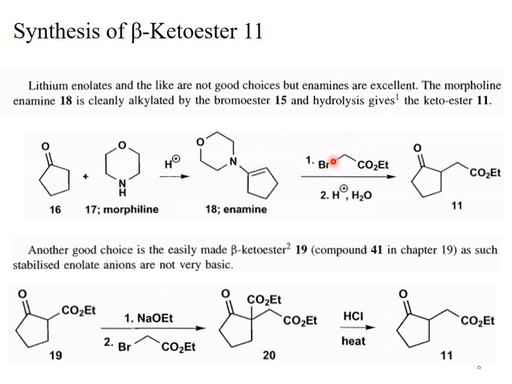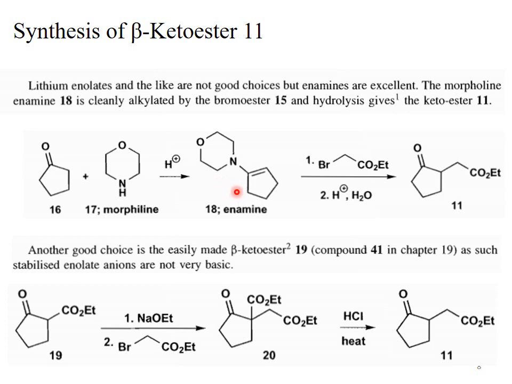This enamine works as an enolate. This enamine is the equivalent of the enolate. The lone pair of nitrogen moves inward and this pi bond attacks at the alpha carbon and the bromine will leave as a leaving group, and we obtain compound number 11.